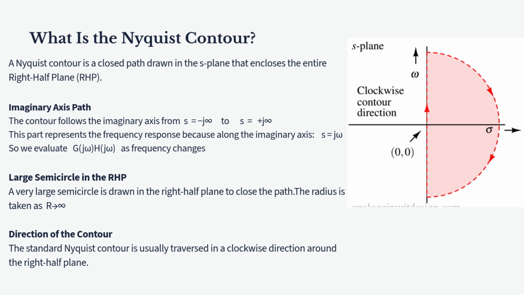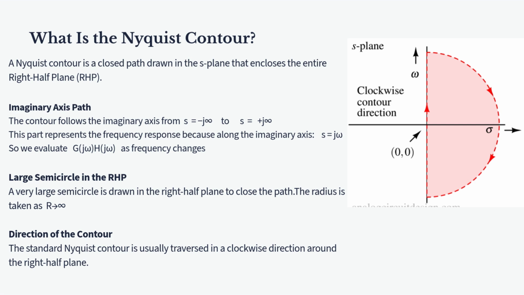The first part is the imaginary axis. This is the line where s is equal to j omega. When we use s equal to j omega, we are looking at the frequency response of the system. So along this part, we evaluate G(j omega)H(j omega).